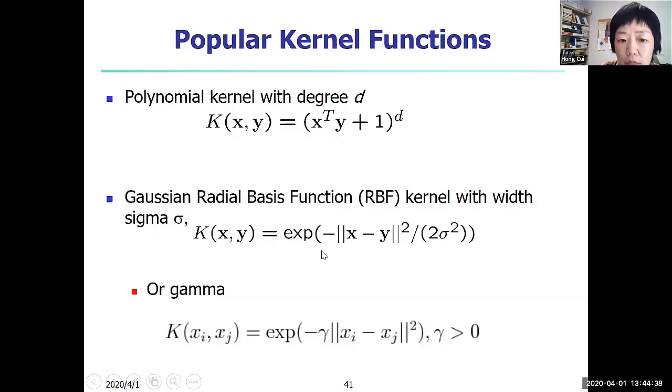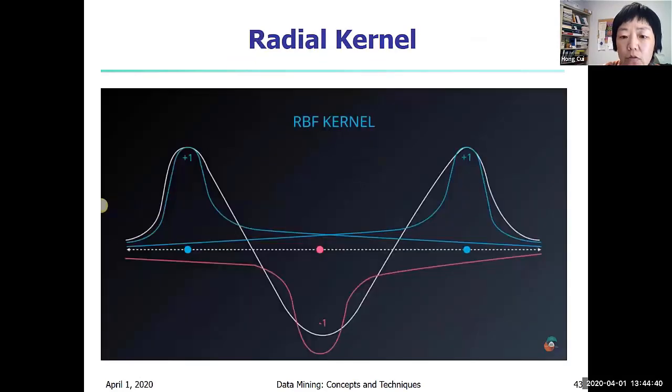How can the Gaussian radial basis function be used to separate data? The idea is for any data point, we can make this the center and draw a Gaussian distribution on top of it. For a negative example, we do the same thing, but because it's negative one, this curve is going to go in the other direction. And for another positive example, it goes up.